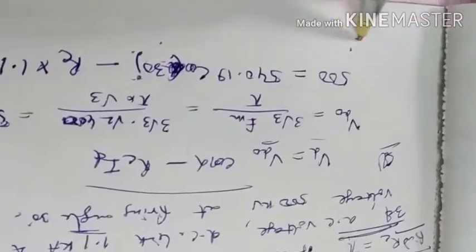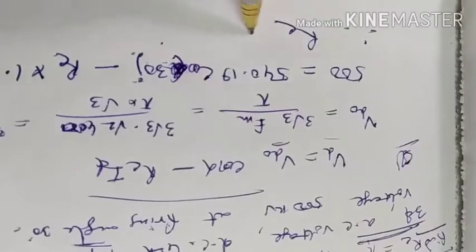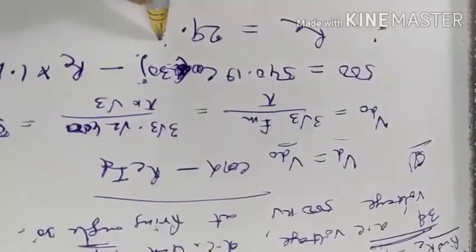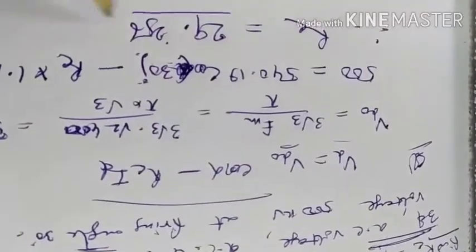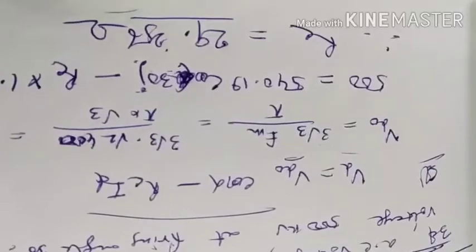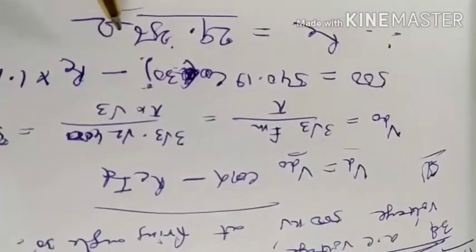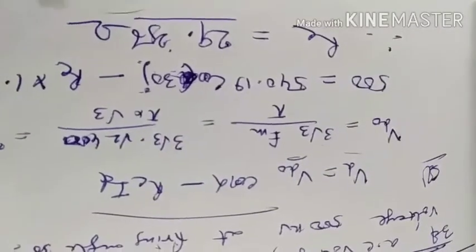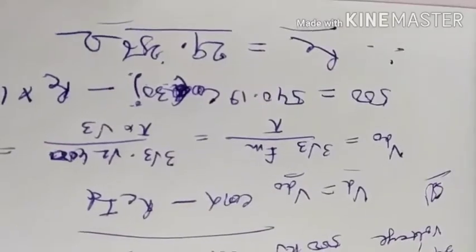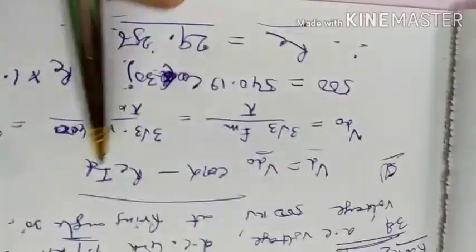From the equation we can calculate the value of RC, which is 29.256 ohm. So that is the effective commutation resistance of the 6 pulse rectifier.